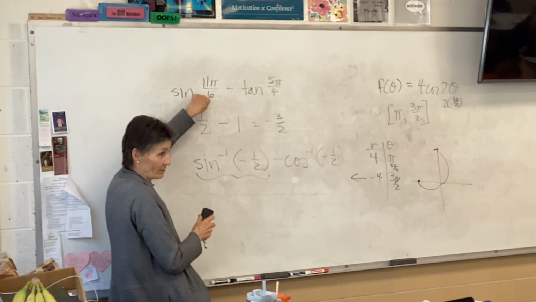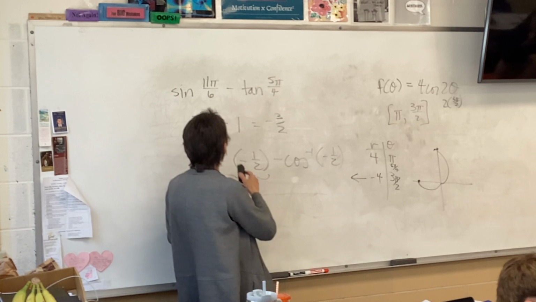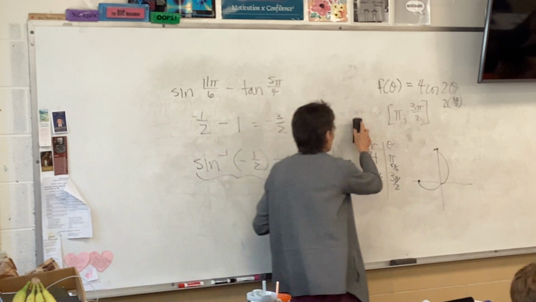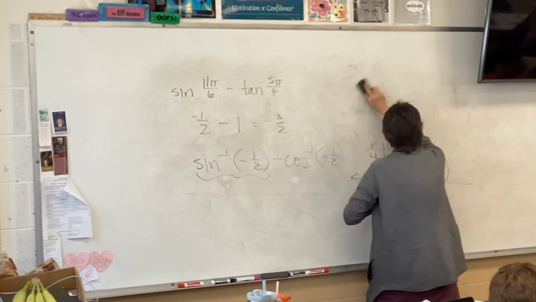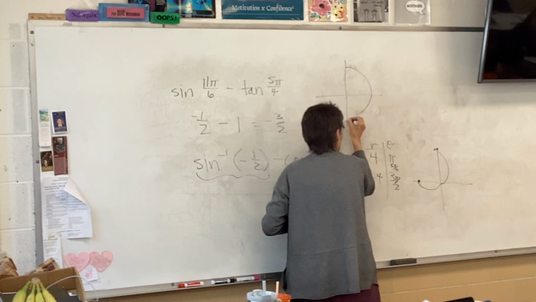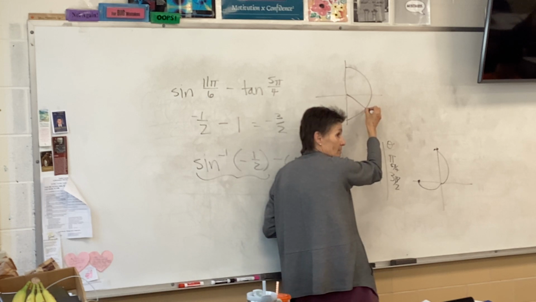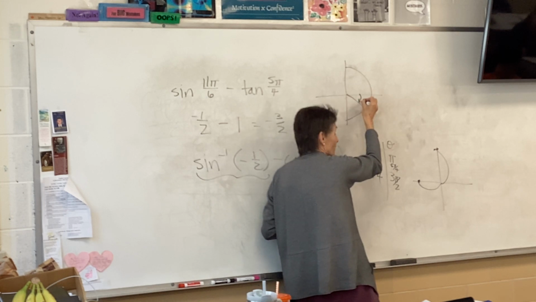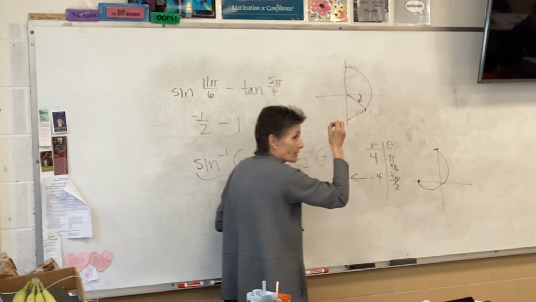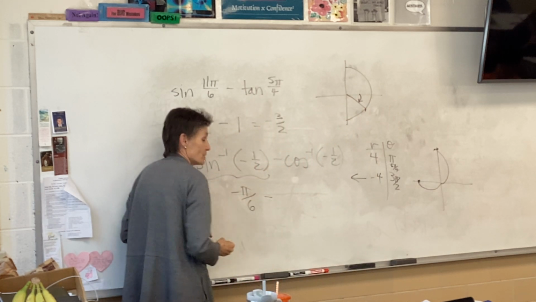I know the sine of 11 pi over 6 is negative 1/2, but this is not 11 pi over 6. Remember, when you're doing inverse, you have to be looking over here. Here is the angle. What is that angle? Negative pi over 6. So this is negative pi over 6.